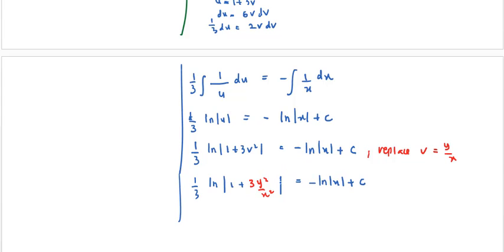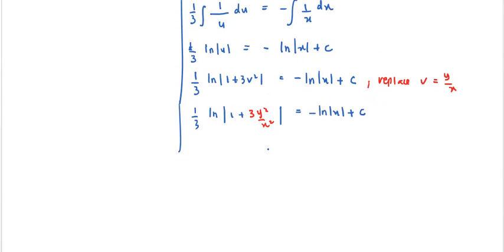Biasanya kadang-kadang soalan dia suruh kamu solve sampai dapat y sahaja. So macam mana kamu nak buat? Kita kena gunakan properties of log. Yang ini 3 ni kamu boleh pindahkan ke belah sana.